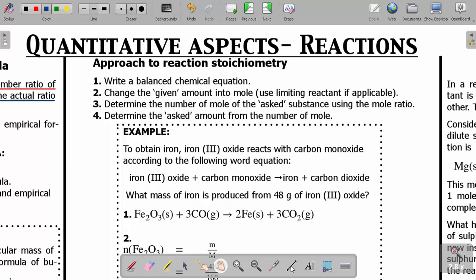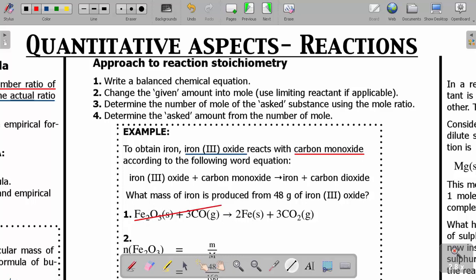I repeat, the question says iron 3 oxide reacts with carbon monoxide, so we have iron 3 oxide as one of the reactants with carbon monoxide according to the following equation. This is the equation here.